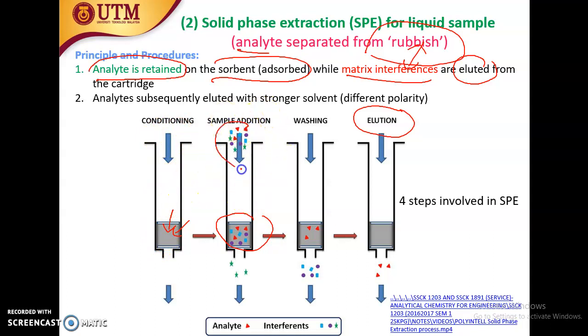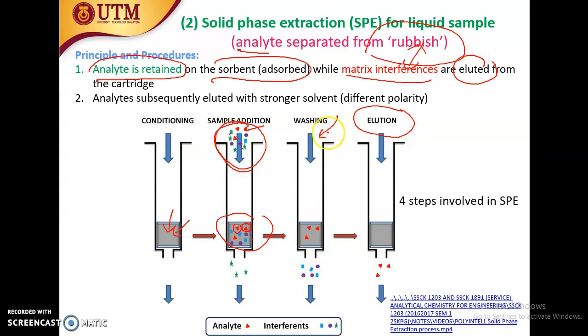Then you put in the sample that is dirty. See, red denotes the analyte, and the interferences are all of this. The one that we want is the red one. You put everything here, and you only want the red analyte to be retained here and eluted last. So you put in a washing step, where, for example, the interferences are only salt.